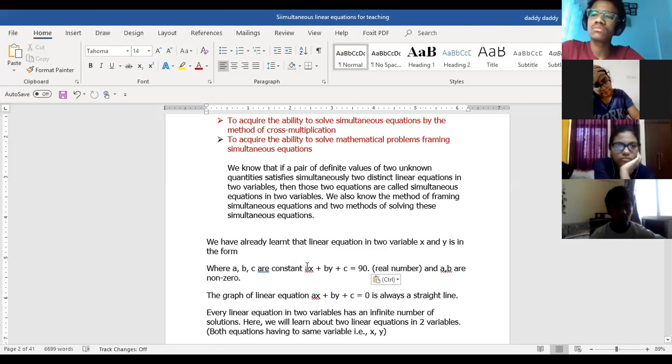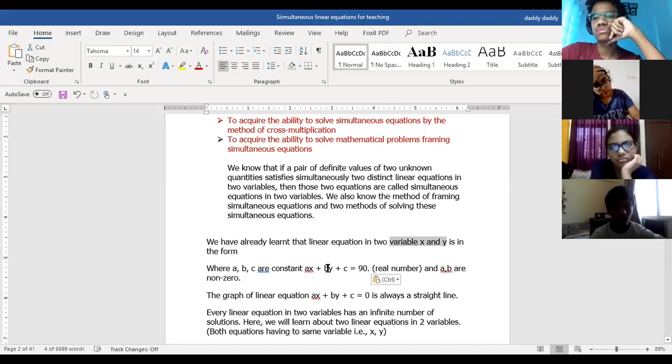Now, this linear equation can only be called a linear equation in two variables x and y when at no point the x or y term is missing. If it is missing, then I can't say that it is a linear equation in two variables.